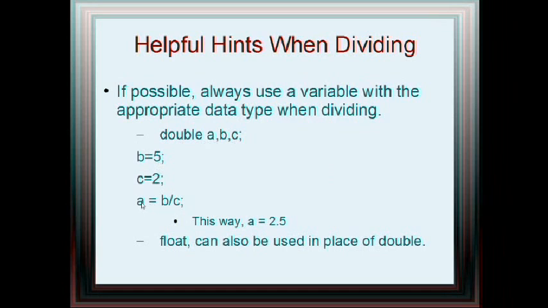And A here equals B divided by C. Because both 5 and 2 are doubles, even though you can't see it here, they both have 0.0 on the end of them, which ends up being 5.0 divided by 2.0. And with that, we have A equals 2.5 because at least one of the numbers divided in the statement was a double data type, which fed a double back into the original variable. Float can also be used in place of double.